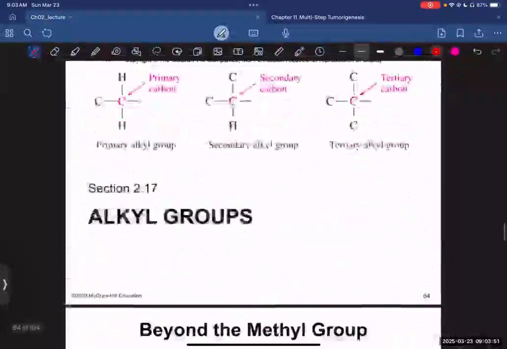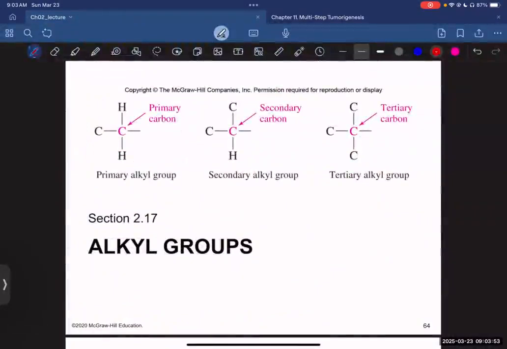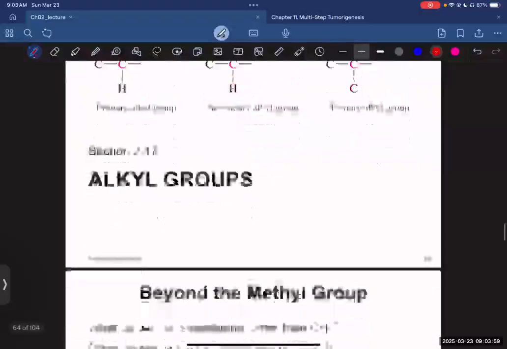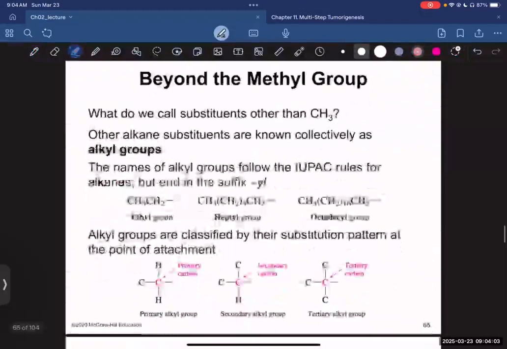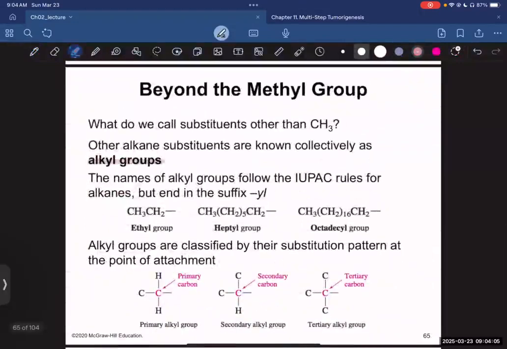So we now want to talk about the major type of substituent present other than just a methyl group. Those are the alkyl groups. When we name these alkyl groups, it's very similar to naming alkanes, except instead of ending with "ane," they now end with "yl."